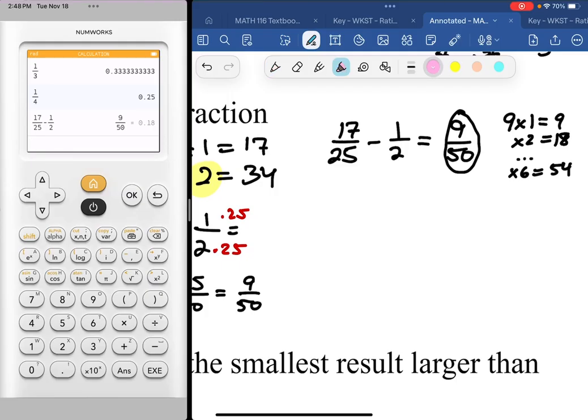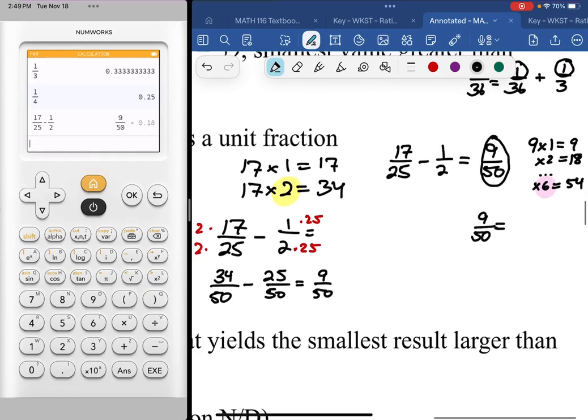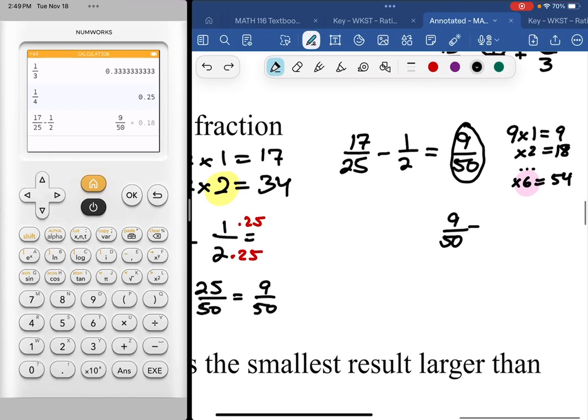All right. So that gives me my fractional value. And I would say 9 over 50 is equal to, minus 1 over 6. And we want to see what that's equal to.